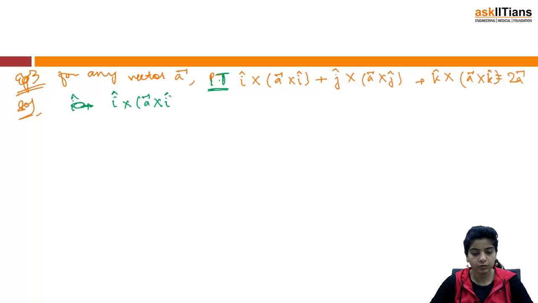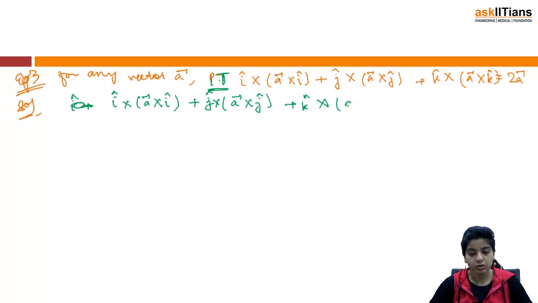In fact, we need to prove this is equal to twice of A. So this term is I cross A cross I plus J cross A cross J plus K cross A cross K. This is the given thing, and we are proceeding from this term. We will try to prove it to be equal to 2A.